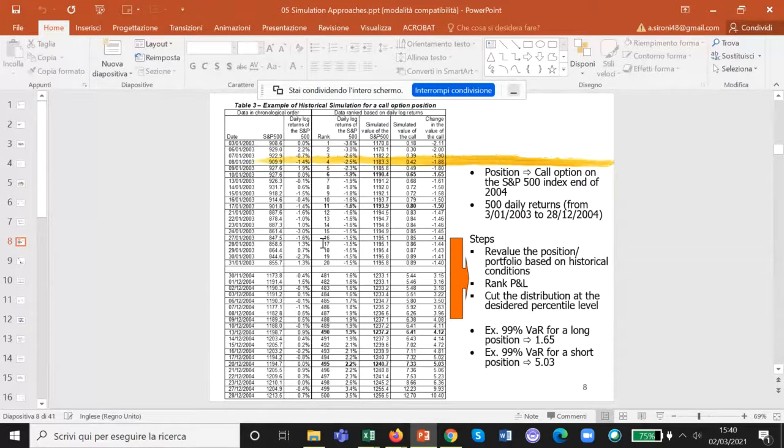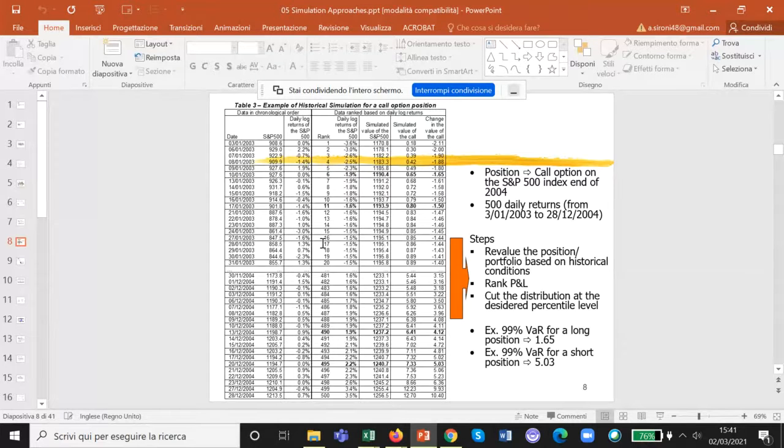As you can see, the worst return is a negative 3.6%, which actually took place on a specific date, okay? Based on that return, you have a simulated value of the S&P 500 index, and we assume here that we have a long call. We have bought a call option on the index, okay? Clearly, if we have a long position on a call option, we gain if the underlying index increases, and we lose if the index decreases, okay?